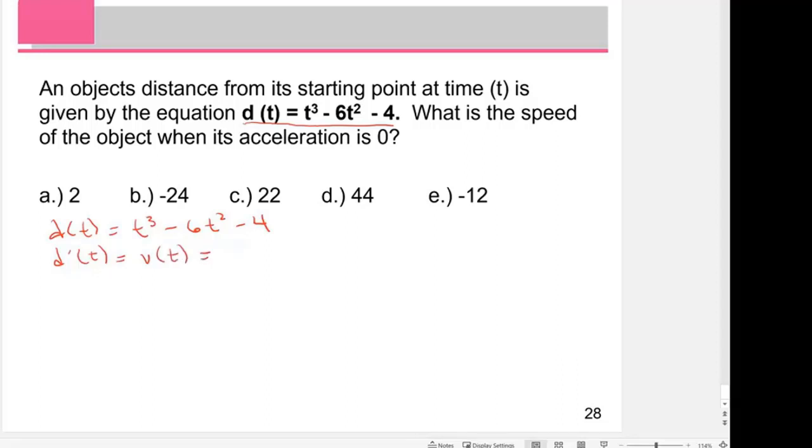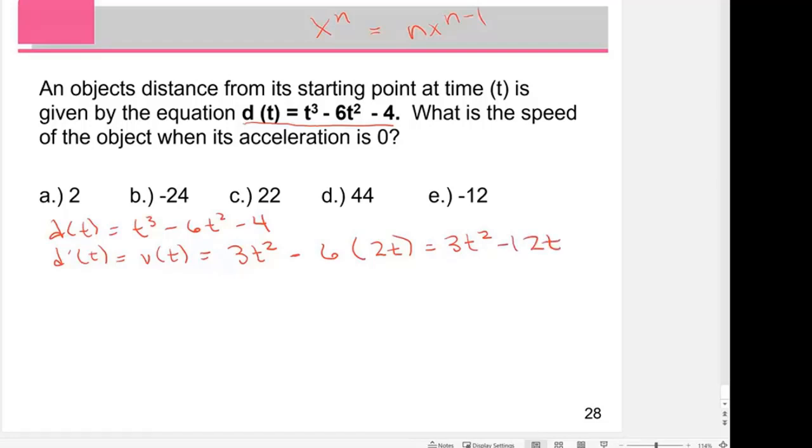Again, I'm using my power rule. I'm just going to keep writing it. Hopefully you'll remember it. So that's going to be 3t squared minus 6 times 2t. And the derivative of a constant is still 0. So we get 3t squared minus 12t.